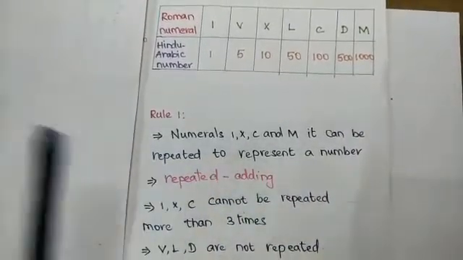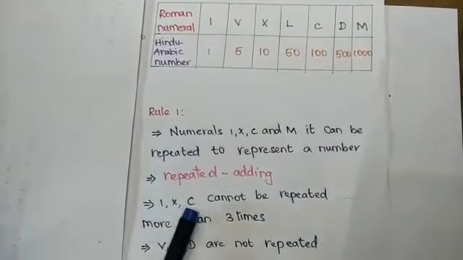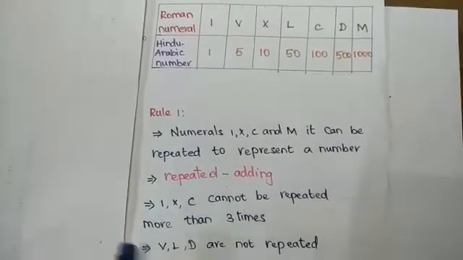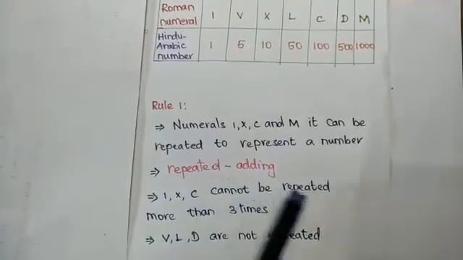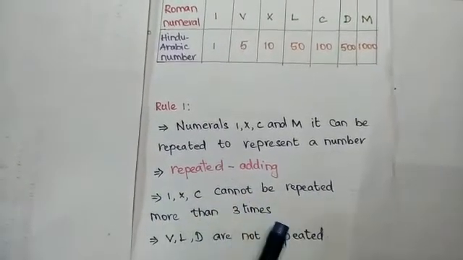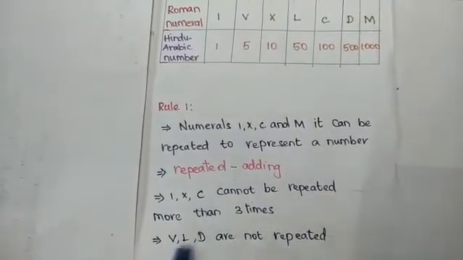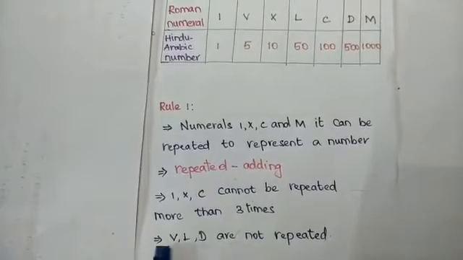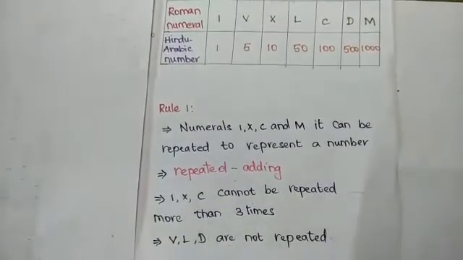Repeated means we can add the numeral. I, X, C can be repeated up to 3 times. V, L, D are not repeated. These Roman numerals are not repeated.